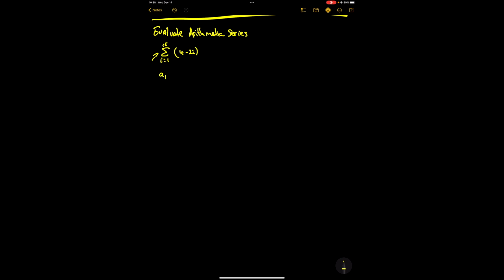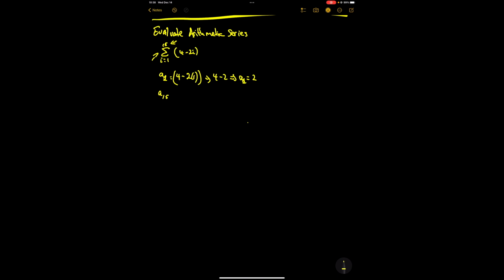So what is a1? First we have to find a1. a1 is equal to what? 4 minus 2 times 1, right? Which is 4 minus 2, which means a1 is equal to 2. That's the first thing. What is the second thing we need to find? an. What is an? n is the number of terms. So how many terms are we going to have? Well, it's right here, 15.